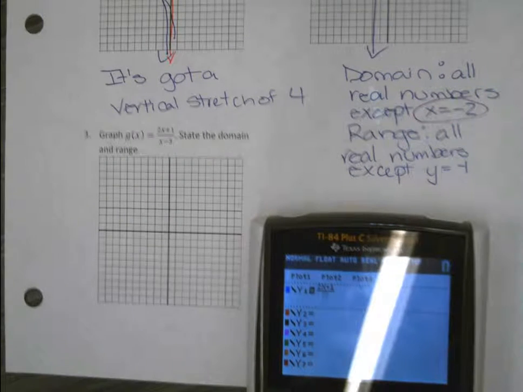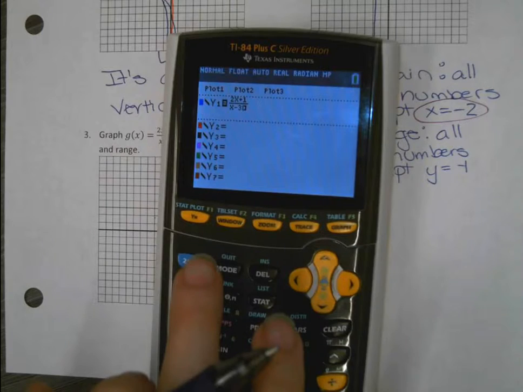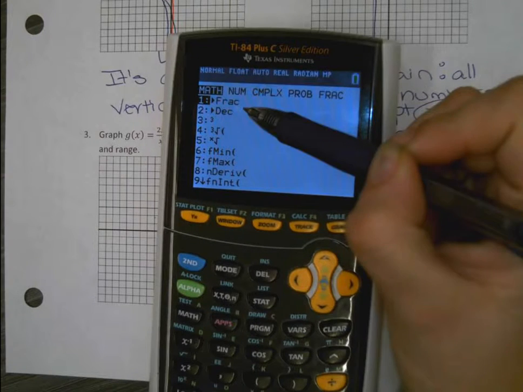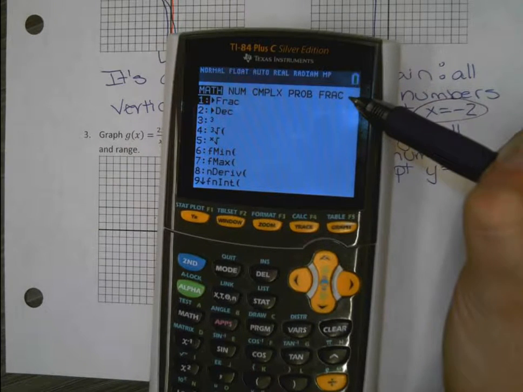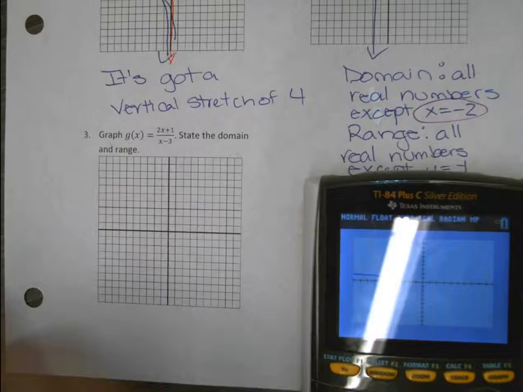Stephanie, you go to math, and then not choice 1, but you arrow over to the word frac, and then choice 1. And then I graph it.